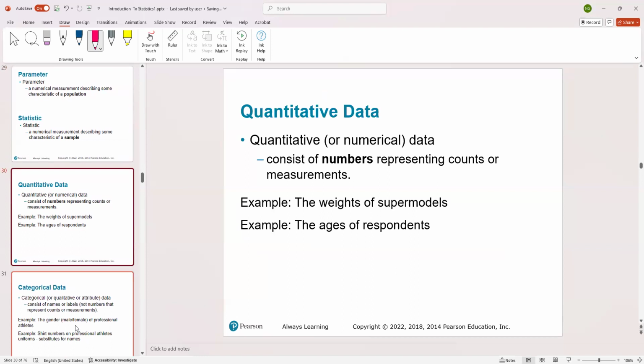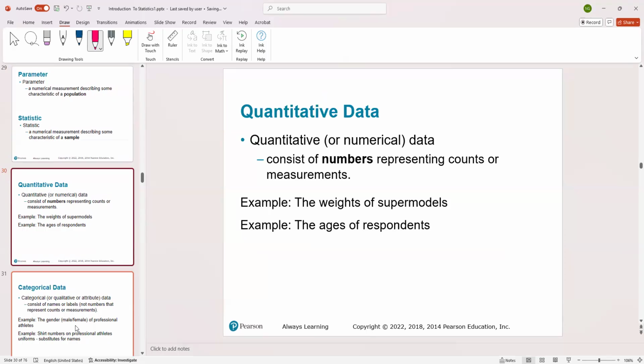All right, I briefly described quantitative and qualitative data in the previous video, but here that's our main goal: to review and provide all details and descriptions of quantitative and qualitative data. Quantitative, and qualitative data, which we also call categorical data.